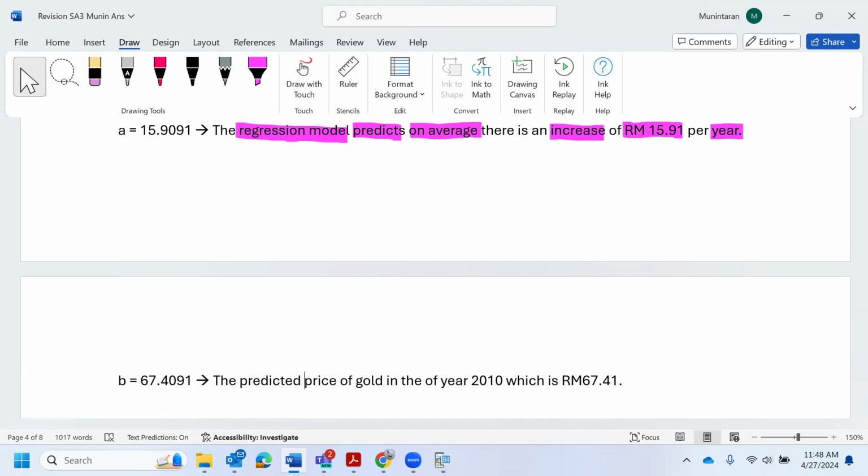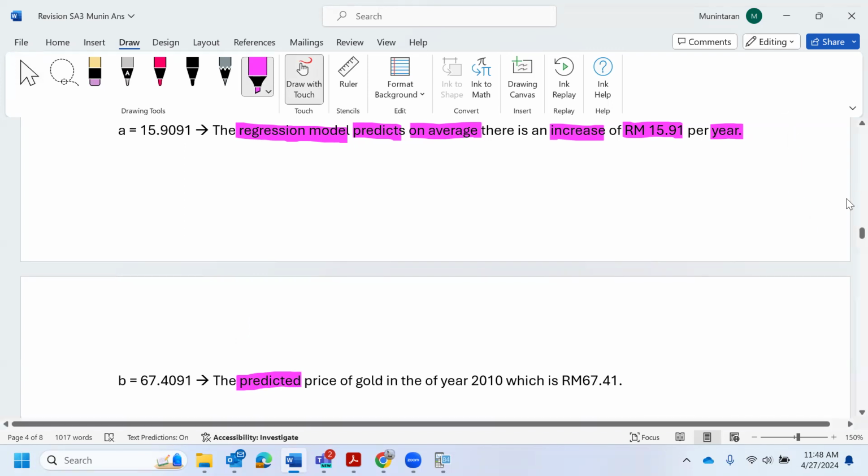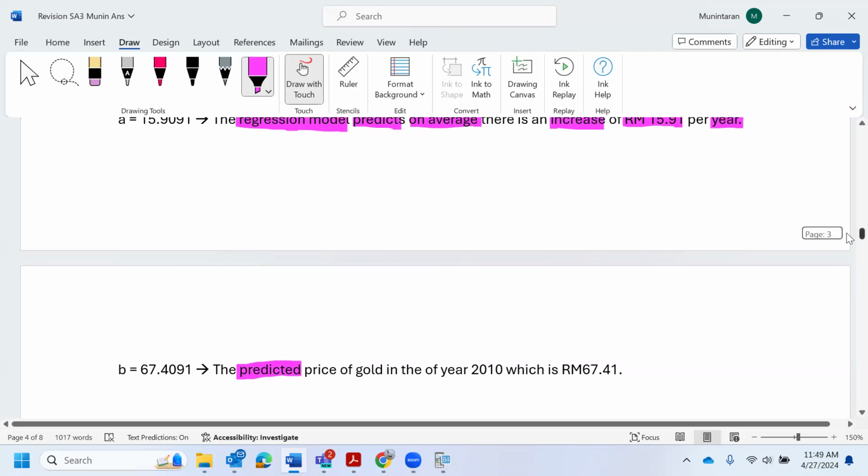It is the predicted gold price in the year 2010. Again, the word here, you need to have predicted. The predicted gold price in the year 2010, which is RM 67.41. Are we all right?